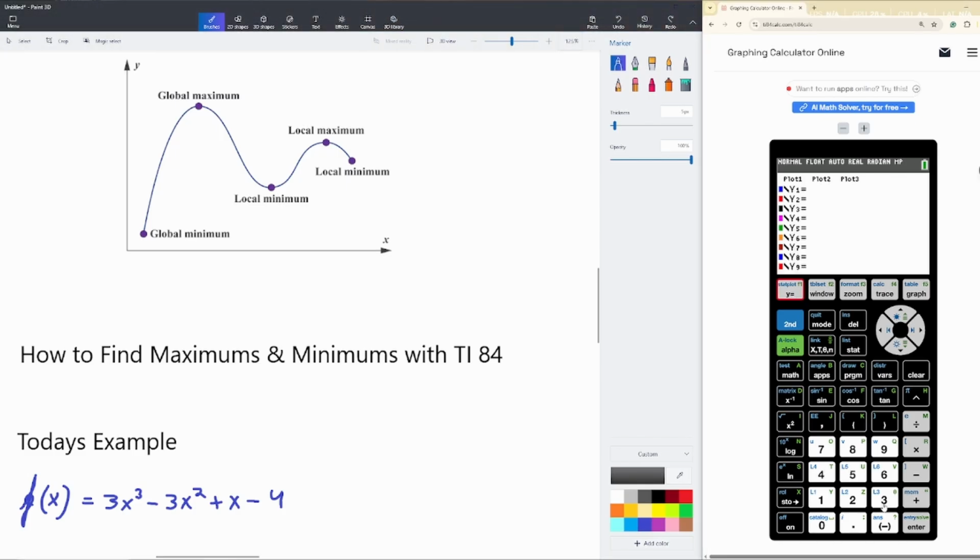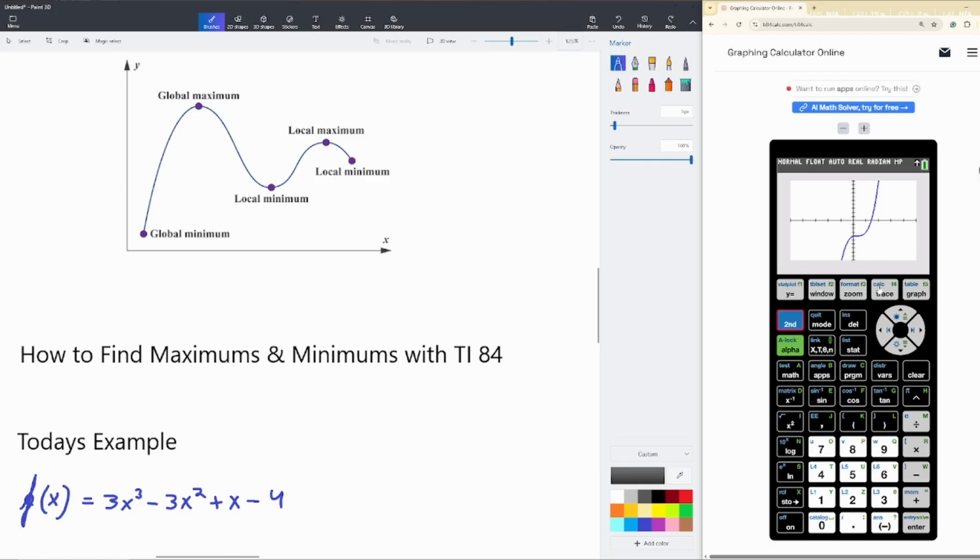So you go to y1, put 3x cubed minus 3x squared plus x minus 4, and then you go to graph. You can clearly see your graph right here. For the instance of this, let's also zoom in. Let's set our minimum to be minus 5, and the maximum to be 5. So we can see our graph very clearly now.